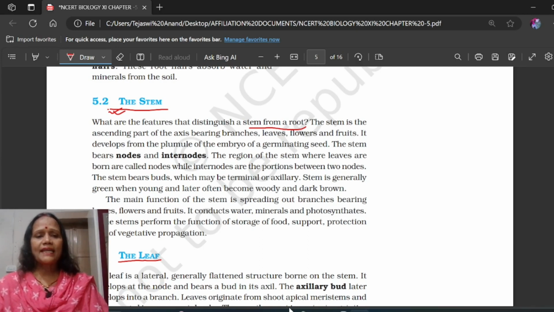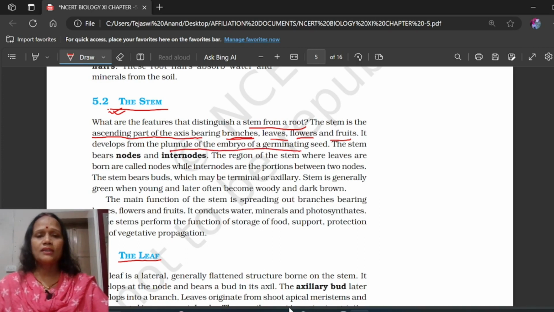The stem is the ascending part of the axis. You can understand that the stem is the ascending part of the axis that bears branches, leaves, flowers and fruits. It develops from the plumule of the embryo.